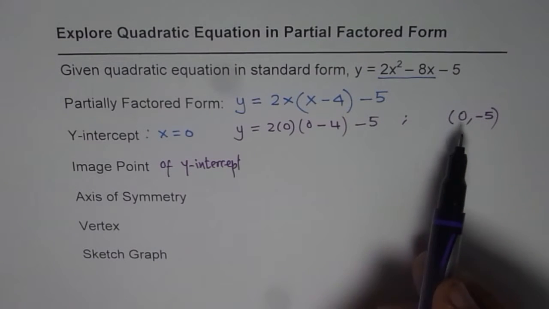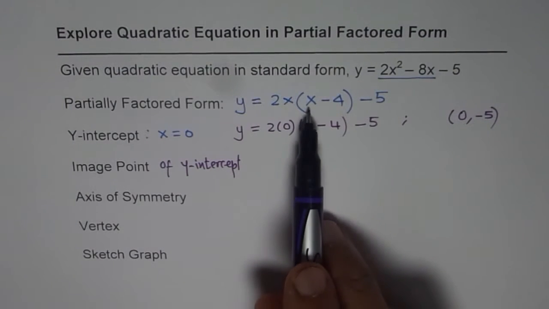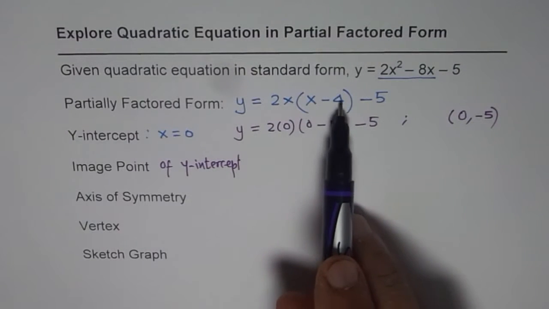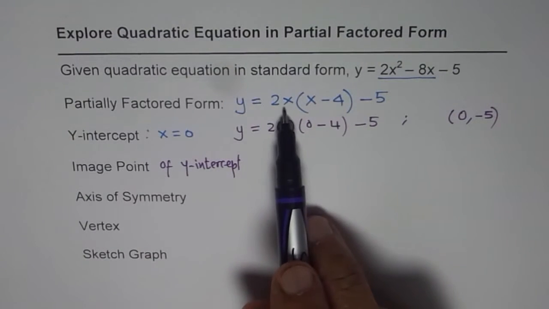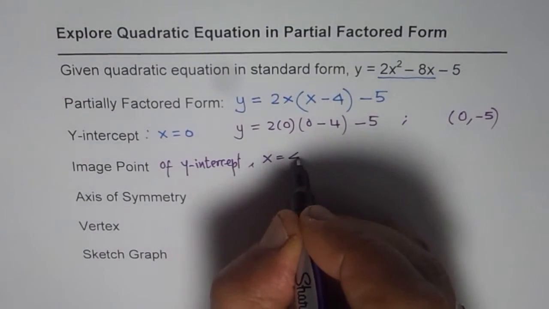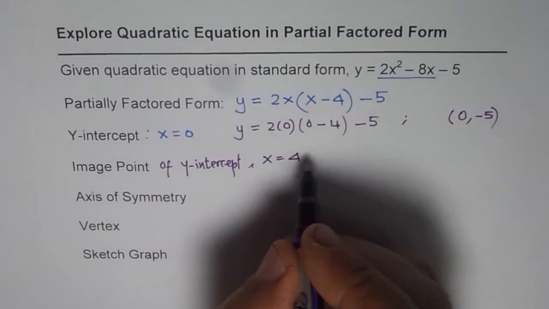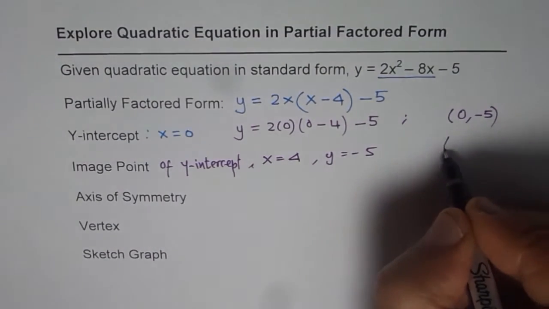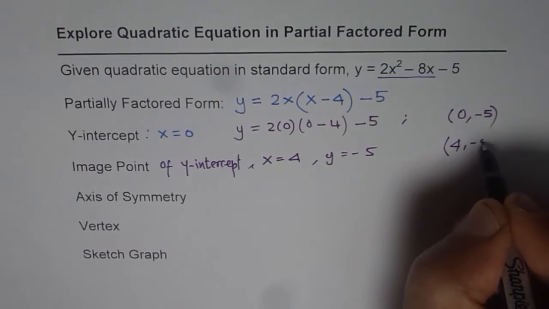So what value of x will give you minus 5 as y value? Of course, if I take x as 4, then the first term will again be 0, and we are left with minus 5. So at x equals 4, we get the image y equals minus 5, and therefore our image point is (4, minus 5).